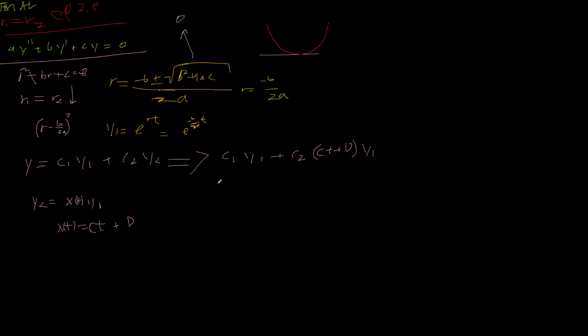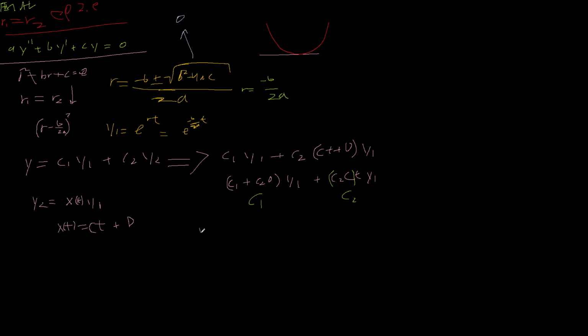So we get c1 plus c2 d times y1 plus c2 c times t y1. And this is just another c1, and this just becomes its own c2 there.